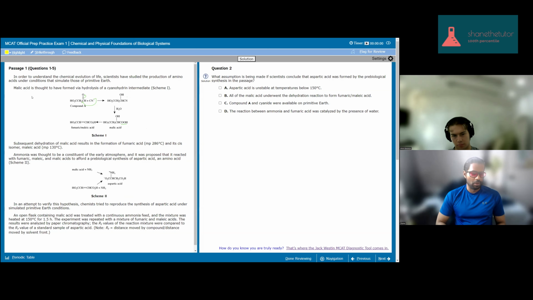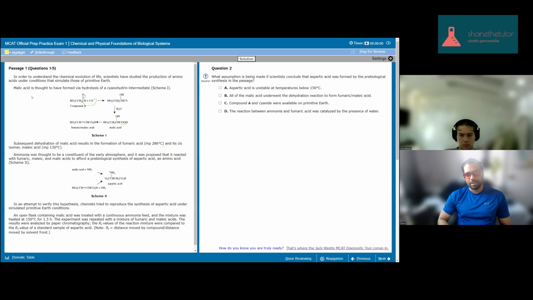The experiment was repeated with a mixture of fumaric and maleic acid. The results were analyzed by paper chromatography, and the Rf values of the mixture were compared to that of aspartic acid.